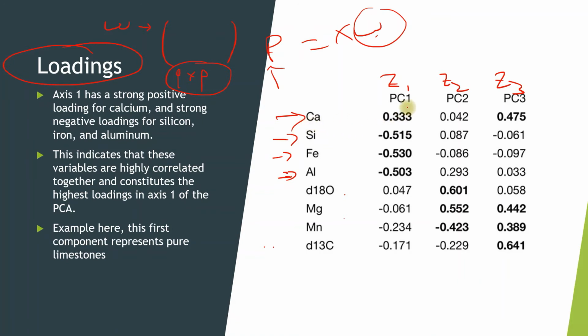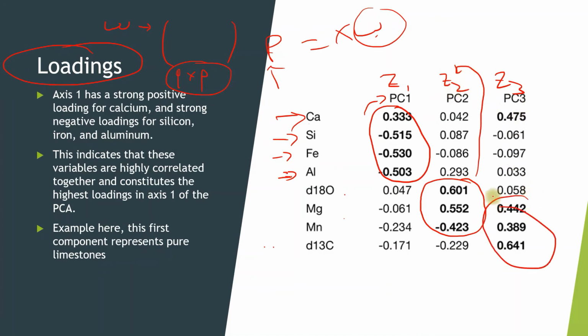For calcium, you have 0.333, which doesn't mean much. It's just a transformation. But look at the magnitude. You will see that these four variables have high magnitude on the first principal component, that is the first transformed variable. And these three have a high magnitude on the second one. And this one has a high magnitude on the third one.